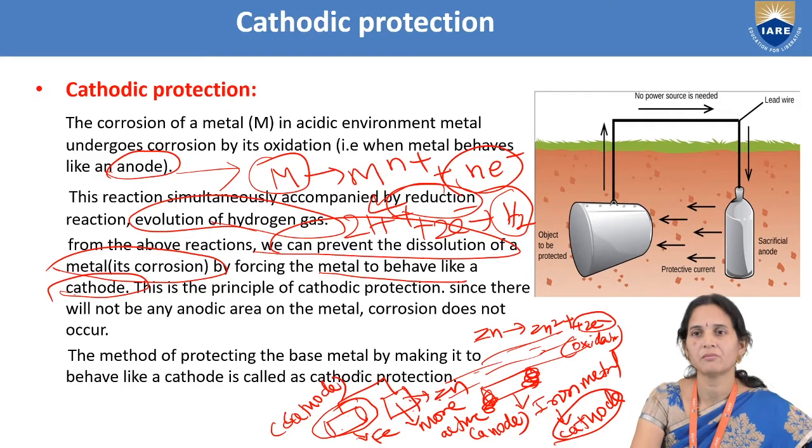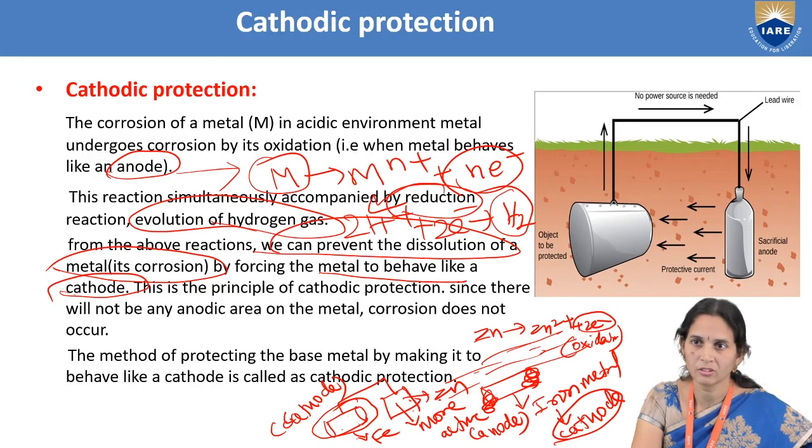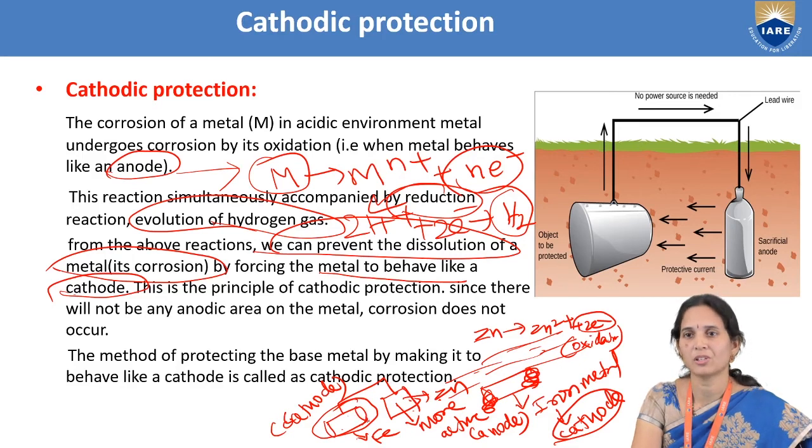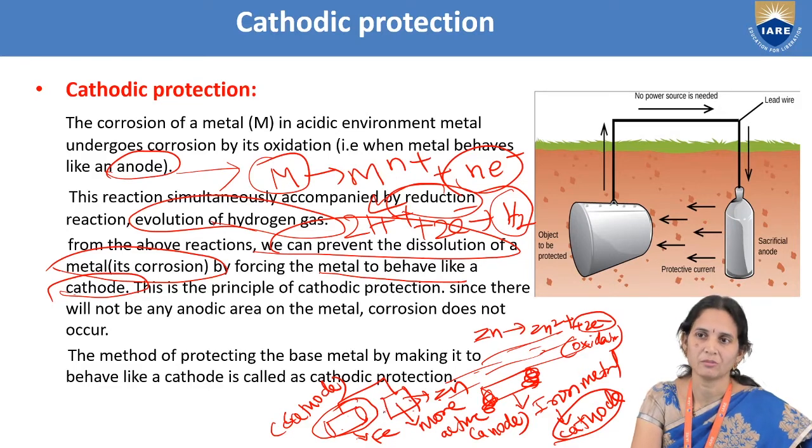In this way we can protect the metal. Because there is no anodic area on the base metal, corrosion does not occur. The anodic metal here is zinc, and iron becomes the cathode.